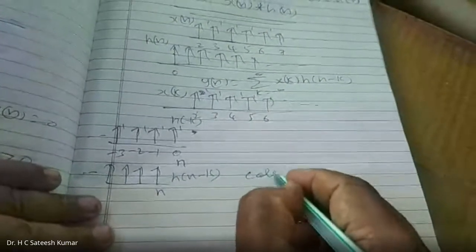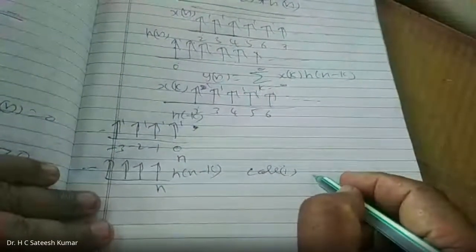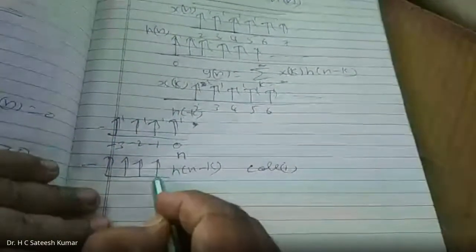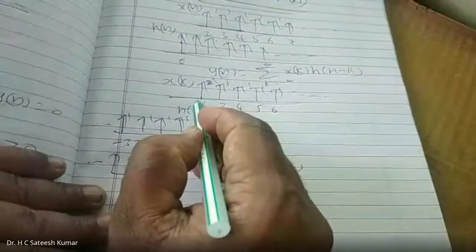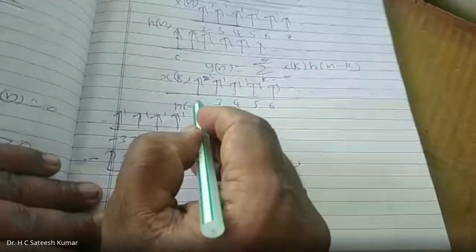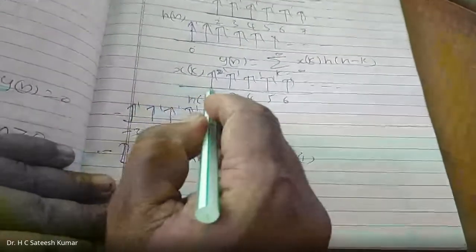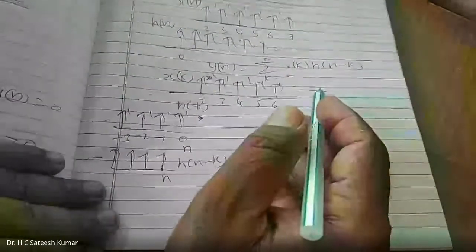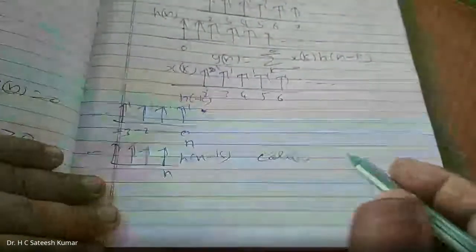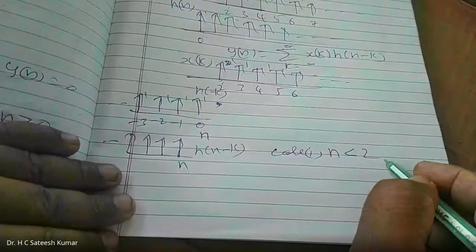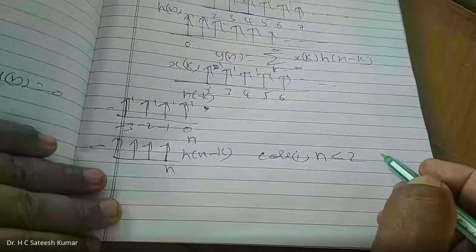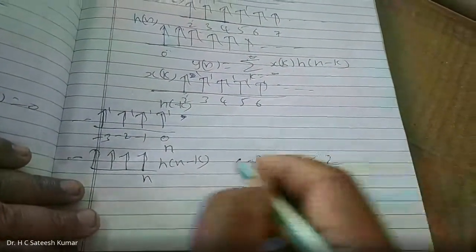Case number 1 is what? I started shifting the signal from minus infinity until 2. Until 2, there is no overlapping at all. From 2 onwards, it will overlap. Therefore, case number 1, n less than 2. Don't write equal. Whenever the answer is 0, don't write equals for any of the discrete time problems.